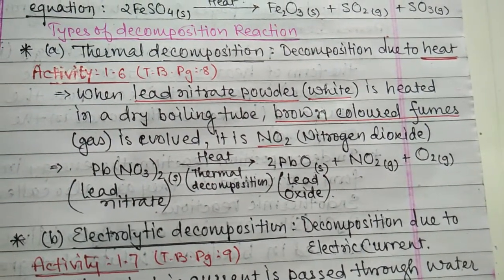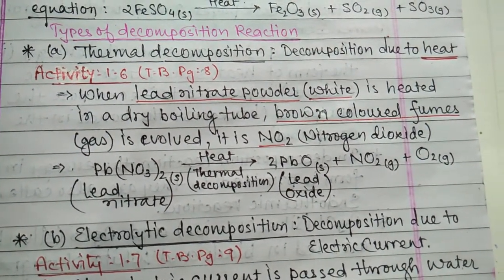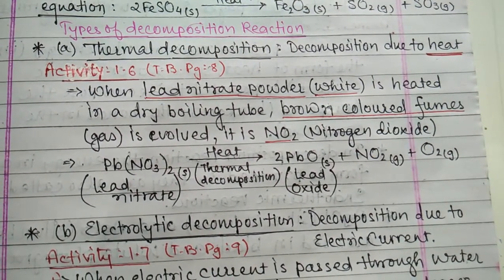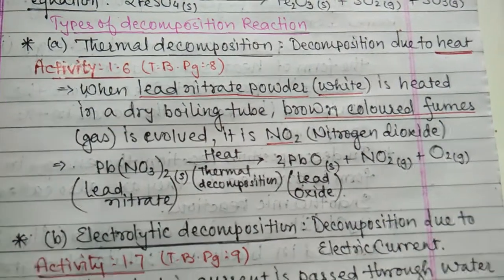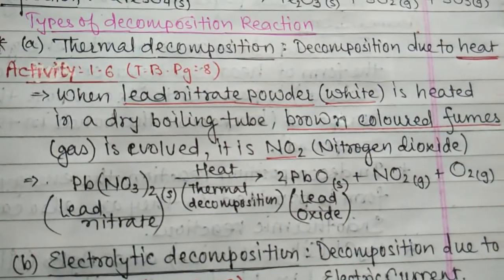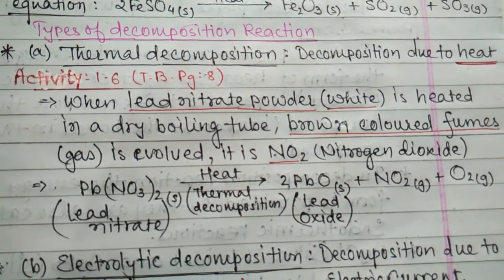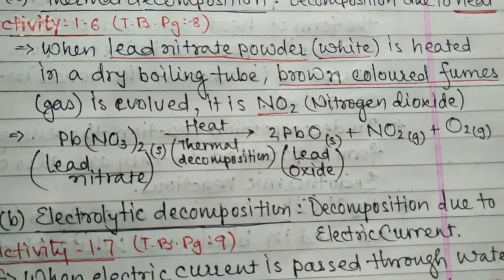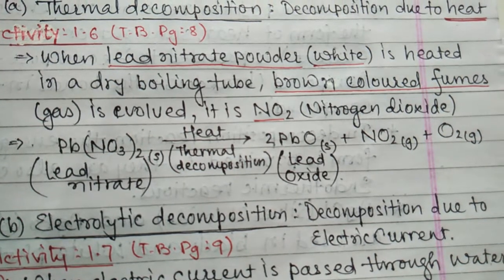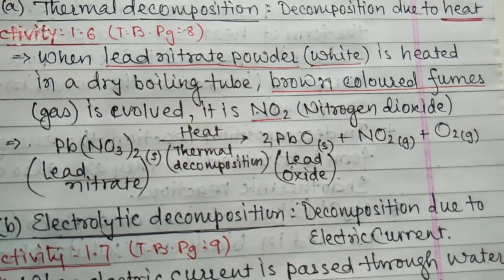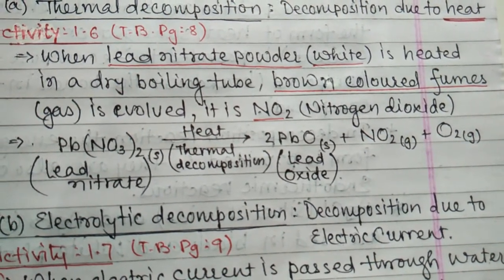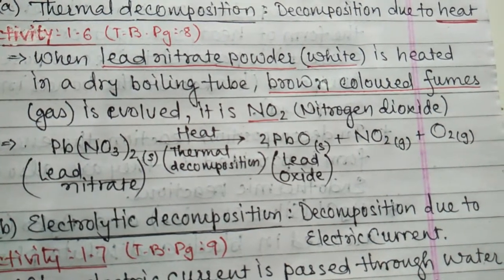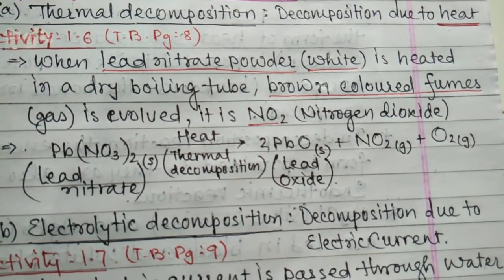It is nitrogen dioxide. This brown color gas evolved in this reaction is nitrogen dioxide. Now, when lead nitrate is heated, it gives lead oxide, which remains in the test tube, and nitrogen dioxide and oxygen, both of which are gases.